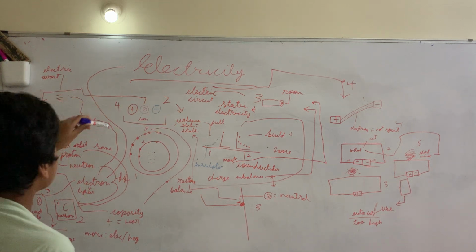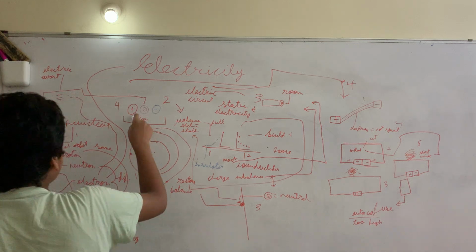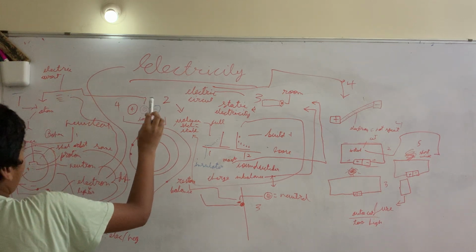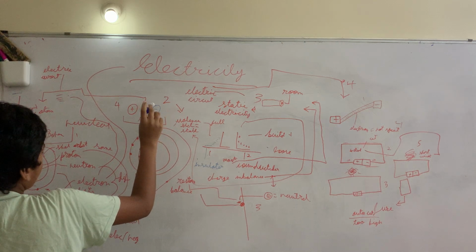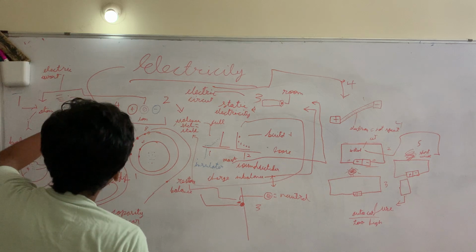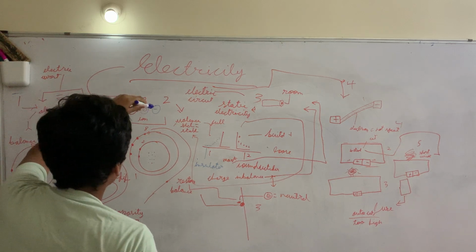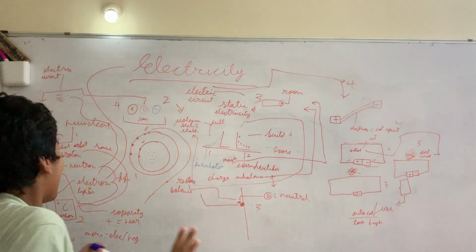When an atom is positively charged, it's called a positive ion. When an atom is negatively charged, it is called a negative ion. And when it's equal, net zero, then it's just called an atom, which will be represented by this circle. But I'm pretty sure we'll figure that out, right, guys?